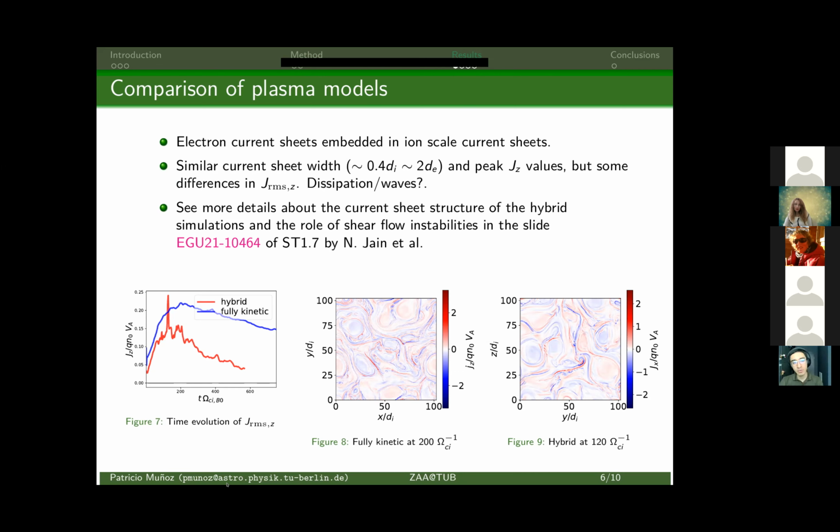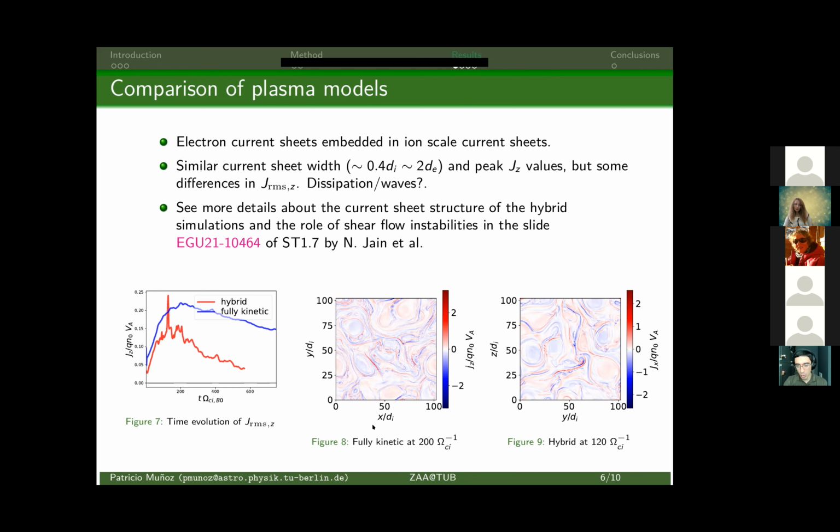This panel here shows the evolution of the RMS values with a small difference that we are still trying to understand the origin of, but this possibly has to do with the dissipation mechanism or the enhanced dissipation in the hybrid code due to possible numerical effects which are absent in the fully kinetic code, as well as the influence of waves. The waves that are present in both systems are different.